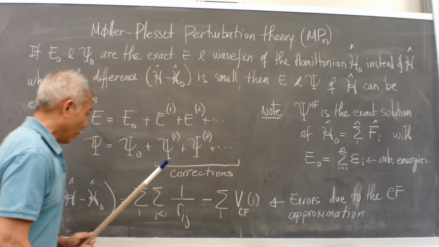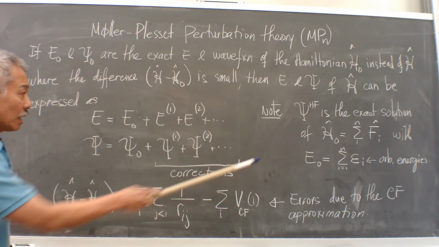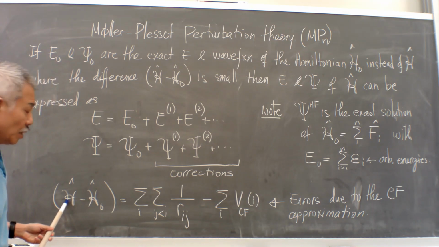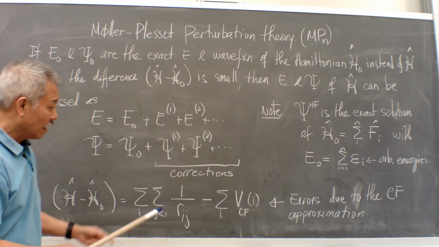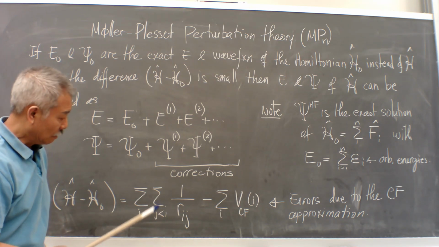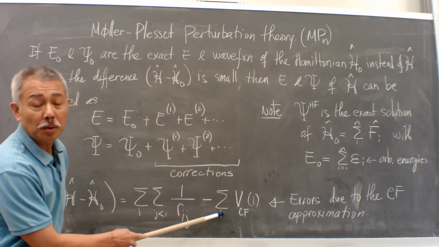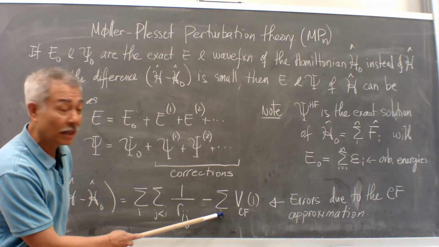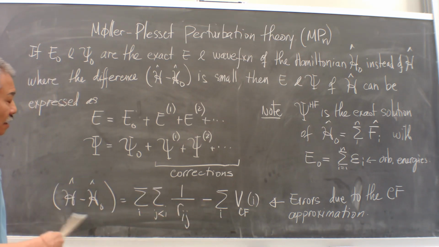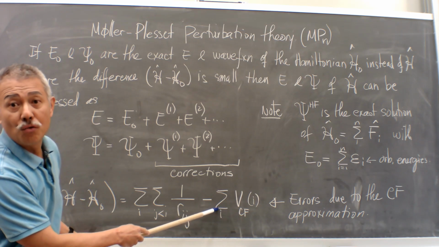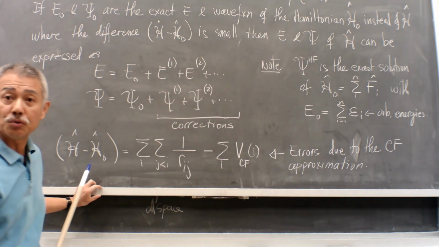Then let's look at the difference between the real Hamiltonian and the approximate Hamiltonian. It's just the difference between the correct electron repulsion and that approximated by the central field approximation. In other words, these are the corrections for the error in the central field approximation.